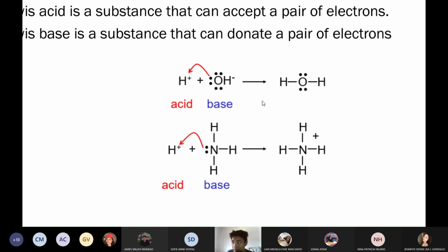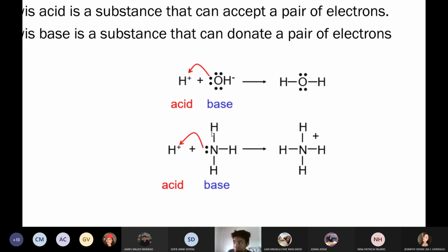Ganun lang ginagawa ko kasi. Bibilangin ko lang lone pairs dito, 3. Pagdating sa right side, 2. So, ibig sabihin, siya yung base kasi it donated the lone pair. So, nag-donate siya ng pair of electrons. Kanino niya dinonate? Dun sa dinugtungan niya, si hydrogen. So, the H plus is the acid because it accepted the 2-electron pair from the base.